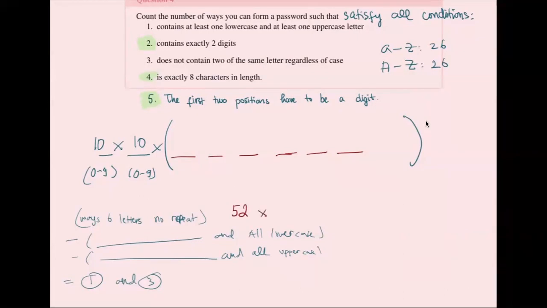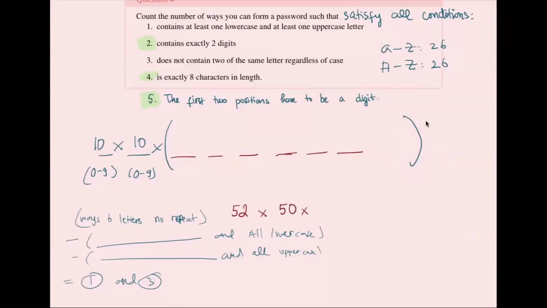How about the next one, the second letter, such that no repeat? Is it true that 51? For example, if the first letter I pick A, then I have to cross out both uppercase A and lowercase a, right? Yeah, that is correct. I would have 50 choices.